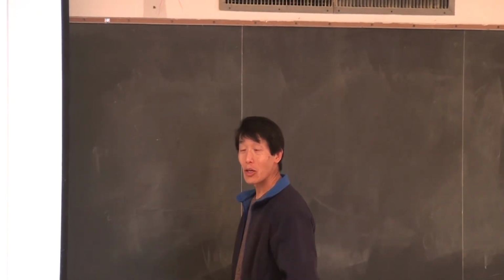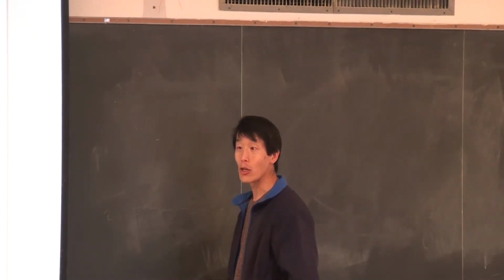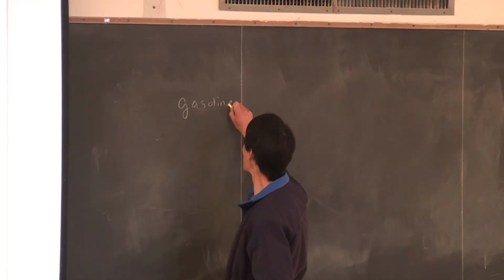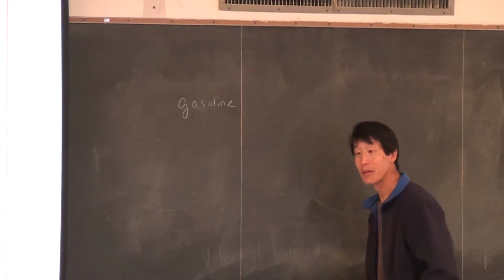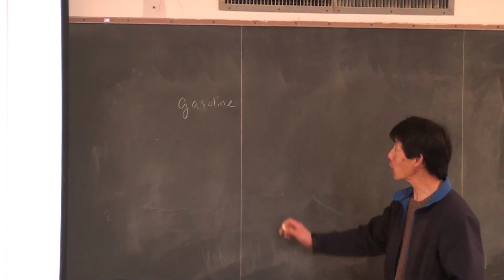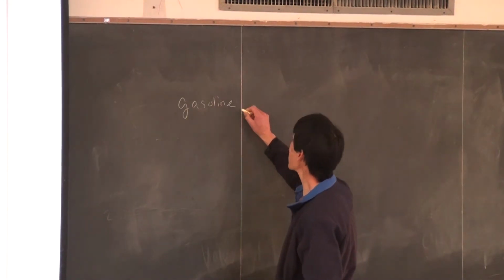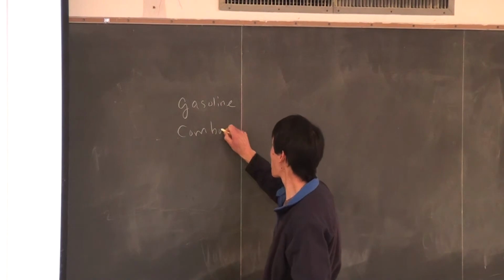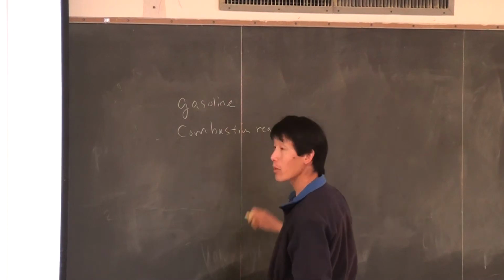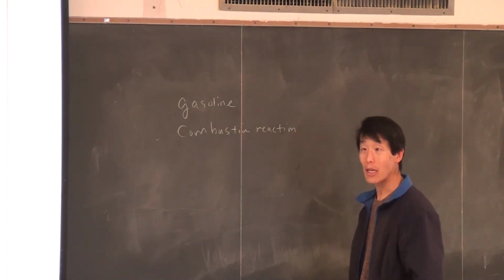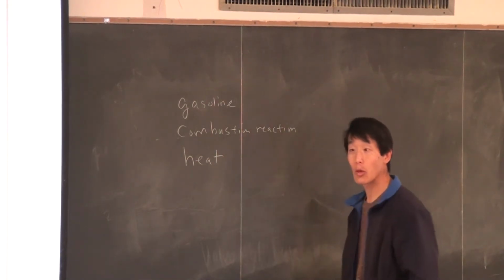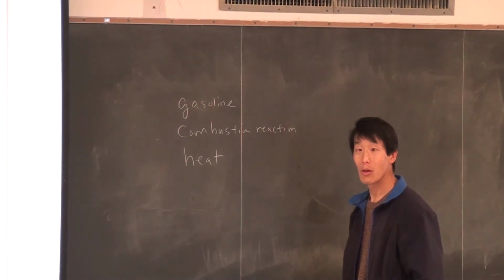You've got to put something in your car to make it go. Yeah, you have your gasoline. And what does the gasoline do? It burns. So there is a combustion reaction. And what's the reason for burning the gasoline in this combustion reaction? We want to make heat. So this produces heat. And then the heat has to be converted into work.